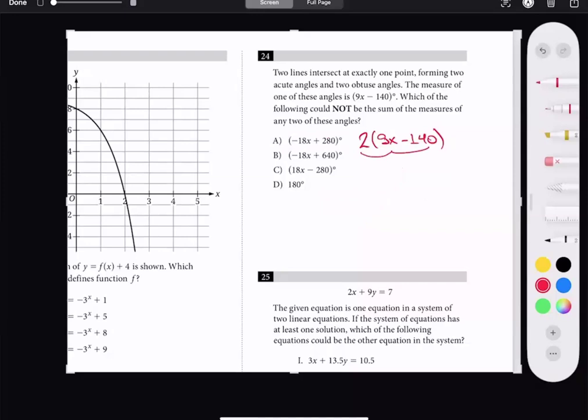I'm not understanding. What do you mean? 2 times the other one has to be 360? Oh, like if it's 0? You don't know. Okay.